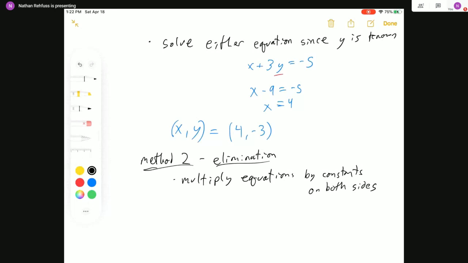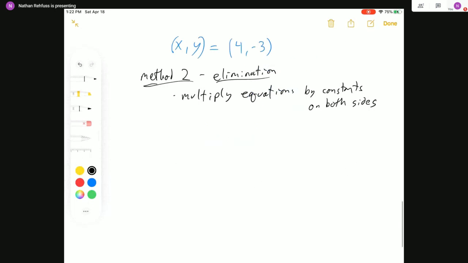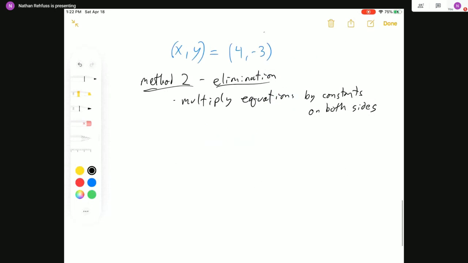How does that help us? What we're going to try to do is match coefficients and cancel. Now these English steps are intentionally vague. It'll look a lot easier when I show you how to do this in the context of an example.